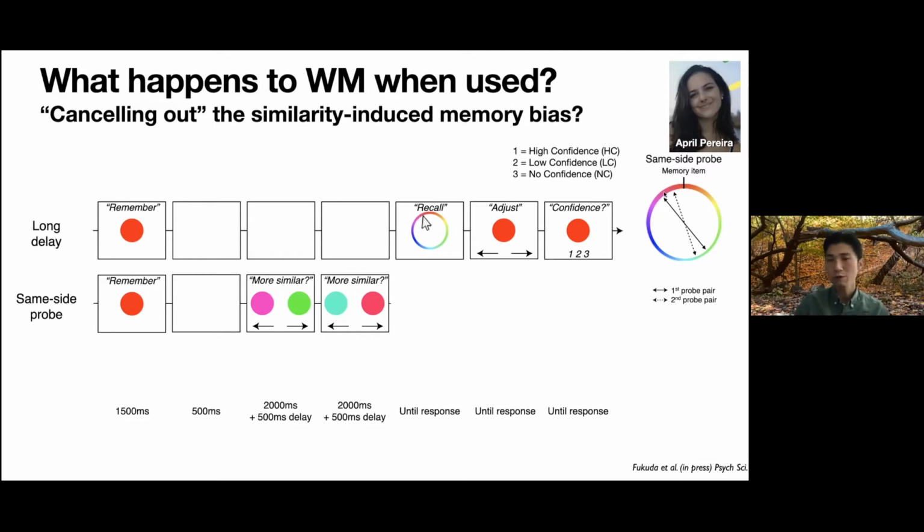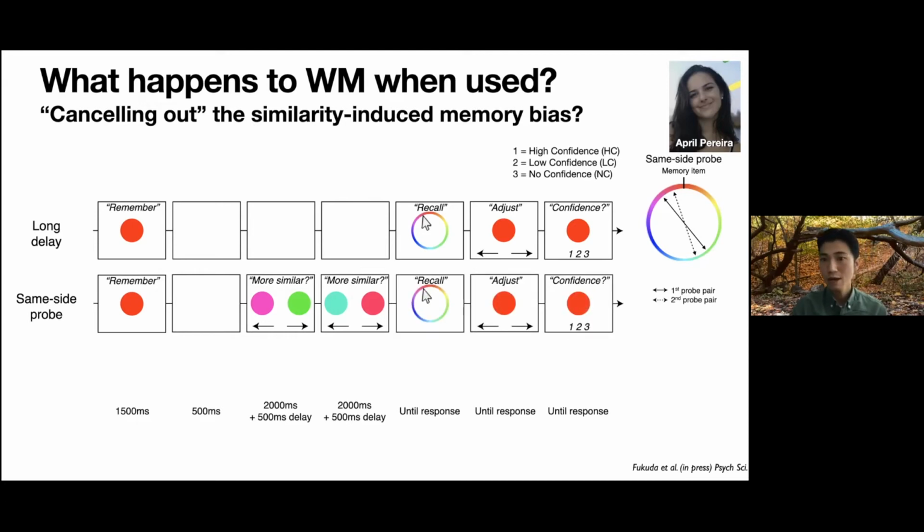This is why we call this condition the same side probe. The similar item in both pairs came from the same side of the memory item. After people make those two judgments, we ask them to report the original item along with their confidence in the accuracy of the report.